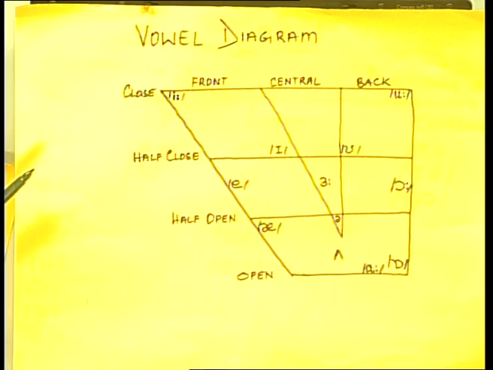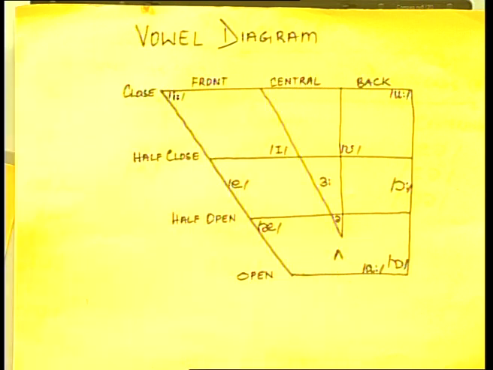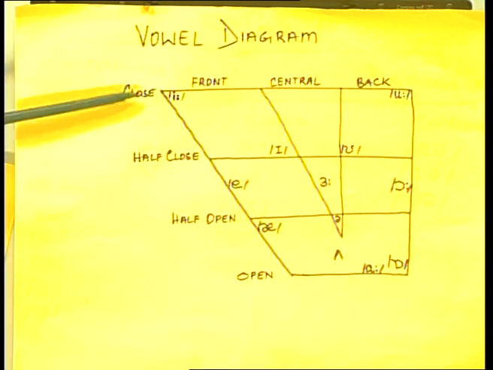The last central vowel is a, which is present just above the open position. A as in hut, cut, but, etc. Now these are the positions of the pure vowels on the vowel diagram, which help us to understand the portion of the tongue that is being made use of and the height to which the tongue is being raised in the articulation of each of these vowels.